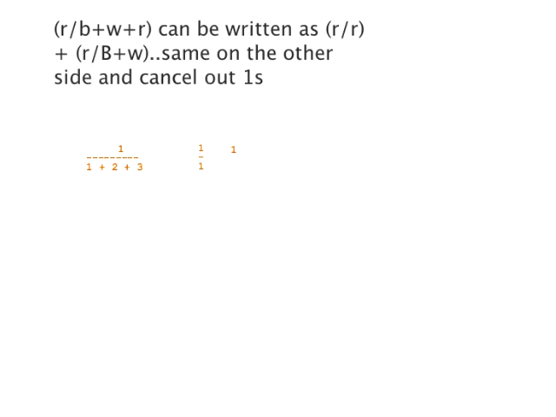Whereas the way you've got that there, you'd be telling me that that's 1 over 1 plus 1 over 2 plus 3, which are vastly different expressions. This is only 1/6, and this is like 1 plus stuff. So nope, not a thing.